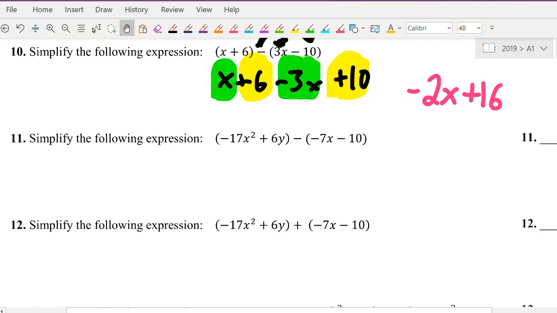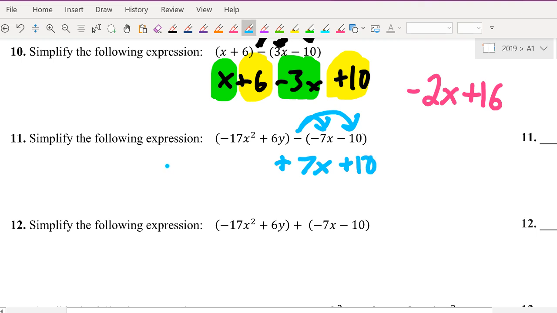Okay, simplify the following expression. So again, I see this little negative here, so I need to distribute that. So 2 negatives make a positive 7x. 2 negatives again for the negative and the -10 makes a positive 10.